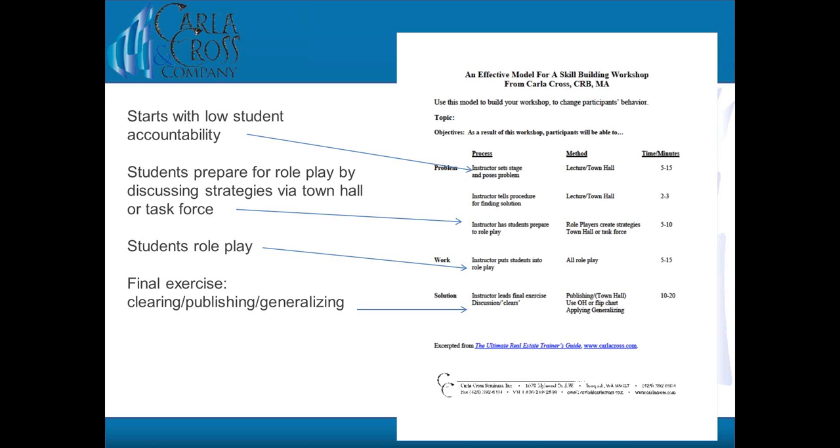So first of all, let's take that make a call on a client. What you're going to do is set the stage of how to make a call to get a lead, let's say circle prospecting. That means going to people in the area and introducing a home happening: an open house, a new listing, a sale, a listing sold, that sort of thing.